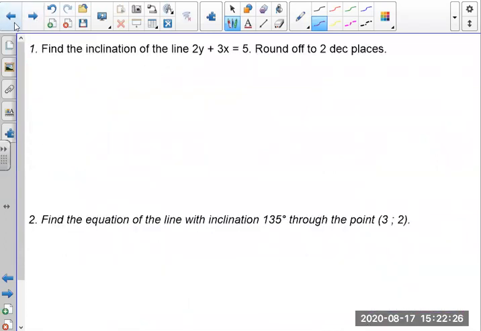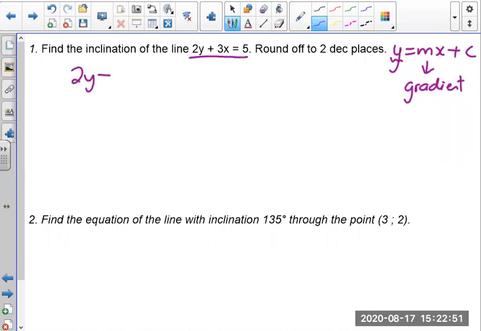So how do I find the gradient of a given line? I must first have the equation in standard form. That means y equals mx plus c. Because if I have y alone, then m is the gradient. So the first thing that we must do is take this equation and get it in standard form. So 2y plus 3x equals 5.